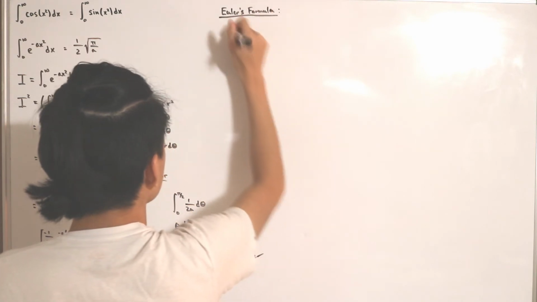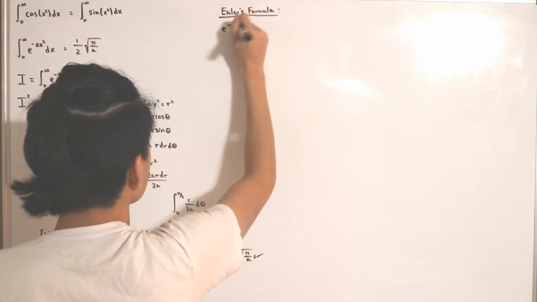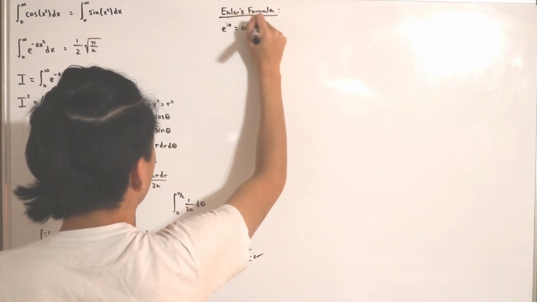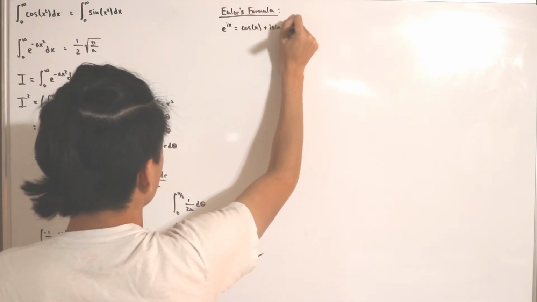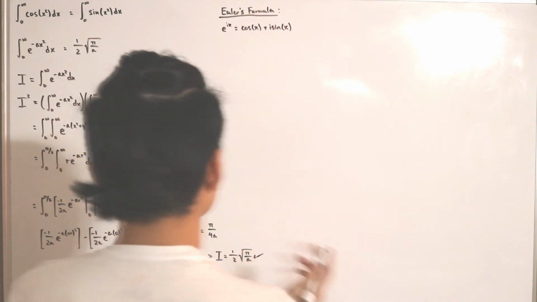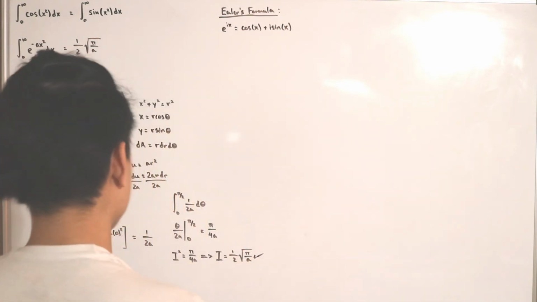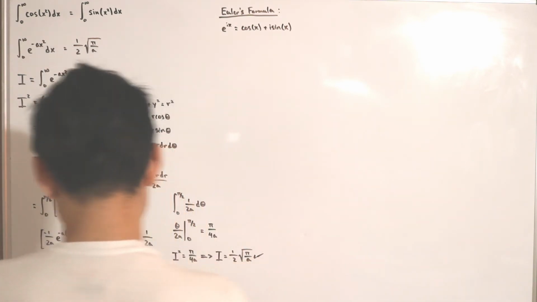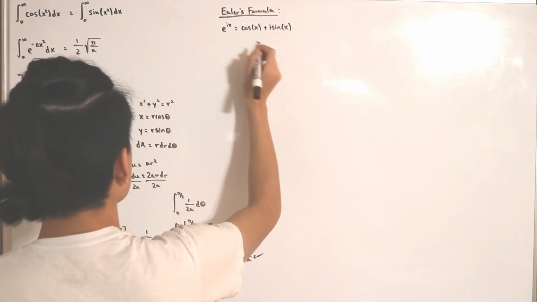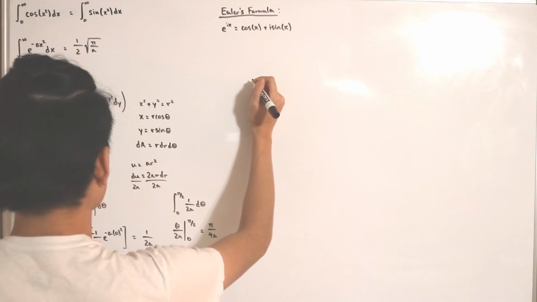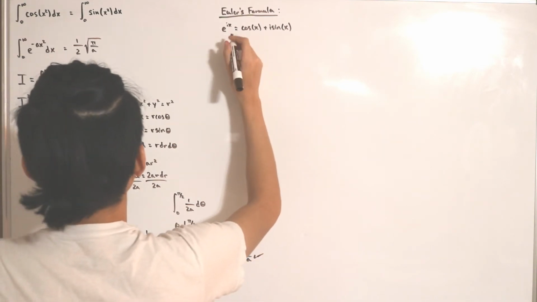We know that e to the ix is just equal to cosine of x plus i sine of x. Okay, so we're now dealing with complex numbers. So let's substitute x for negative x squared.